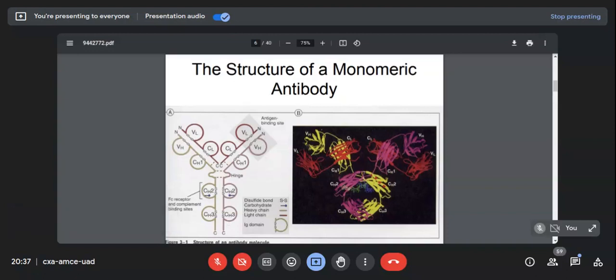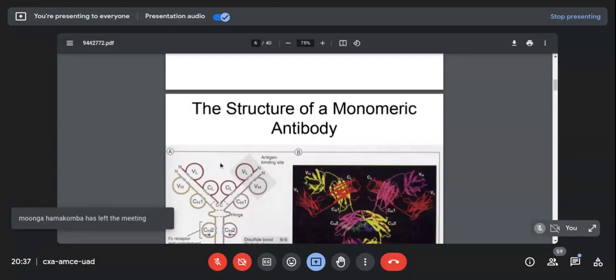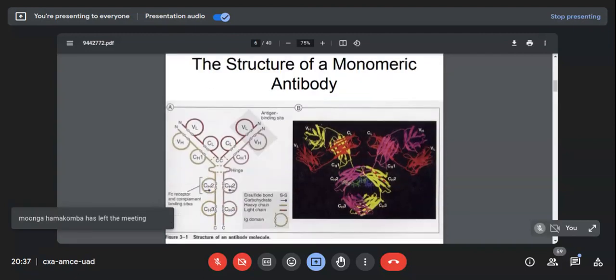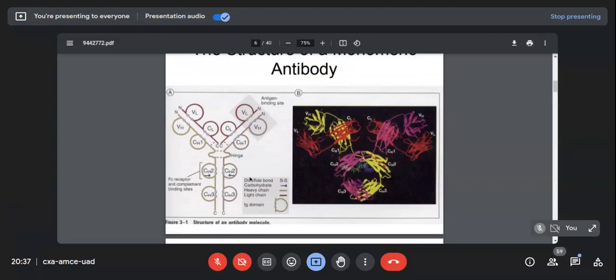It uses B cells and antibodies for function. So now I wanted to give you a glimpse of how an antibody looks. You'll be required to know the full structure of an antibody. They have what we call constant fragments and variable fragments. I'll explain them in a few minutes as well.